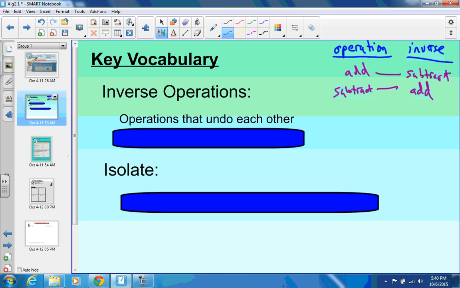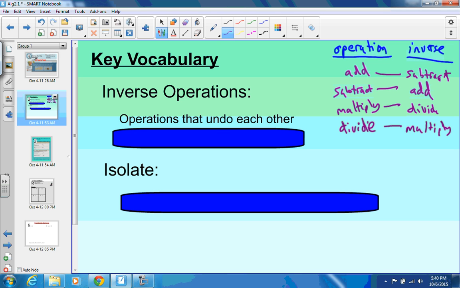They'd get to 0. All right, multiplication and division is a little bit different, but if you were to multiply and you're trying to undo the multiplication, you would divide. And if you are dividing and you want to undo that division, then we would multiply. So those are all the opposite or the inverse operations.